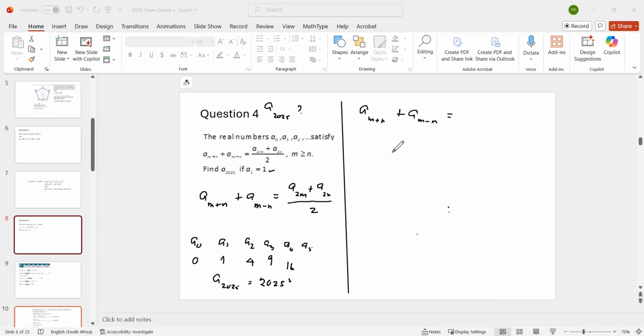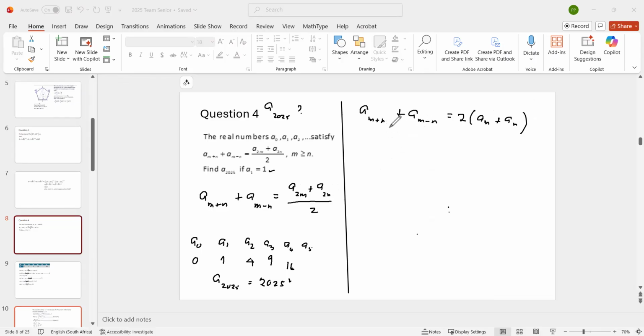I rubbed it out, but that's what we had earlier on. So it's 2 into a_m plus a_n.